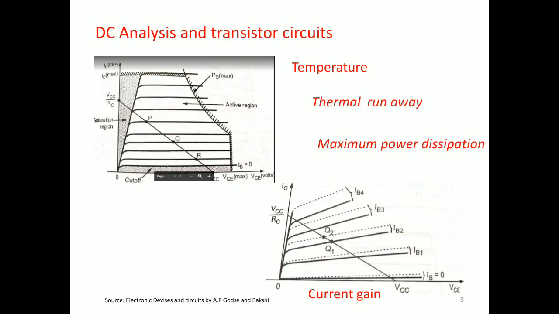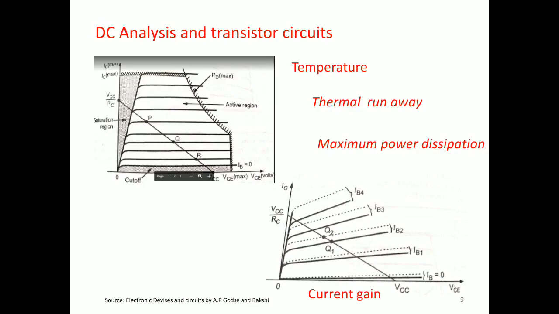This in turn further increases the temperature of the junction and hence increases the collector current. This process is cumulative, extra heat is produced, and this will destroy the device, or at one stage it will burn. That is called thermal runaway.